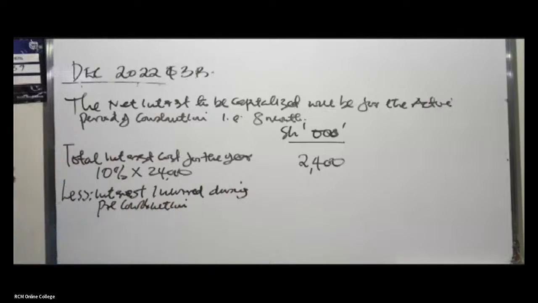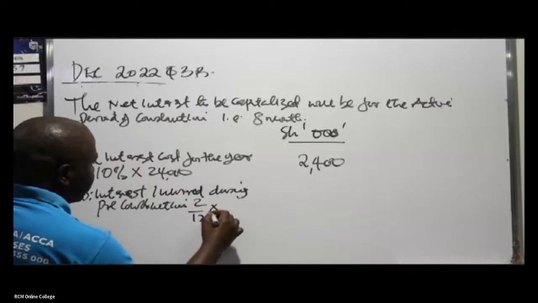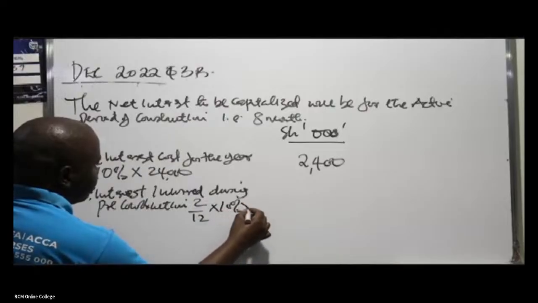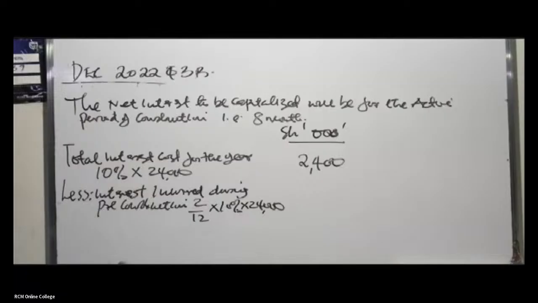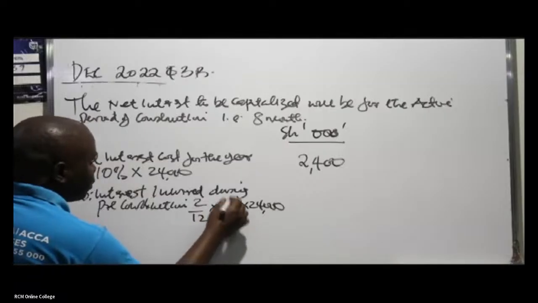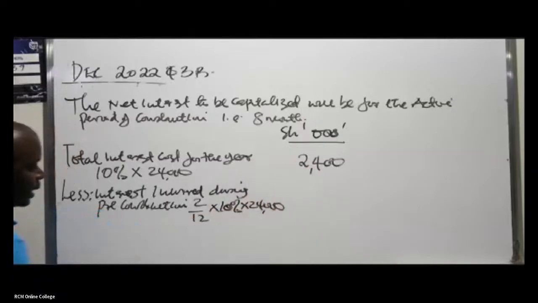The pre-construction period was 2 months, so we say 2 out of 12 multiplied by 10% multiplied by 24 million. So what do you get? Because the pre-construction period as per our deadline is 2 months, we need to deduct it from the interest for the entire year. So it is 2 out of 12 multiplied by 10% multiplied by 24. What do you get? You'll get a figure there.